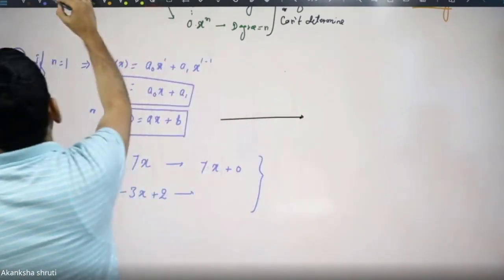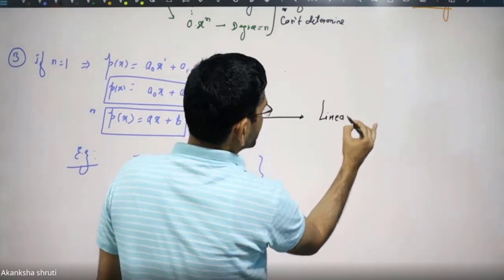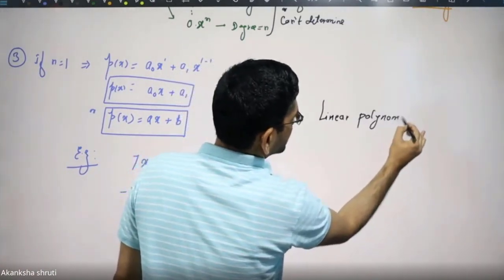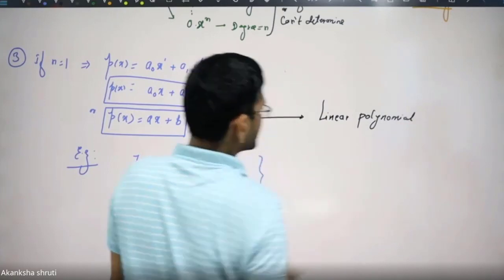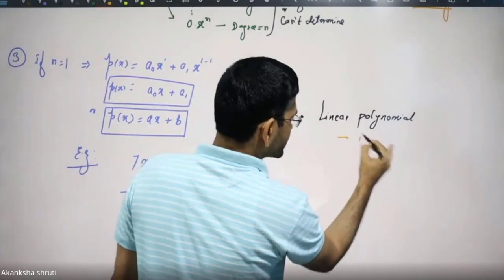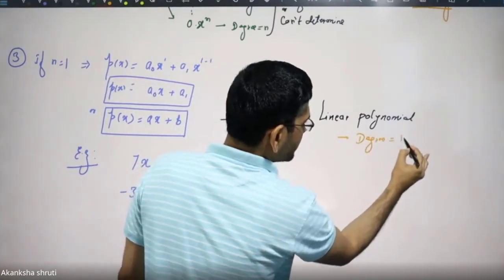So you have to keep in mind all these terms. This polynomial is called a linear polynomial. How to identify its degree? It must be 1.